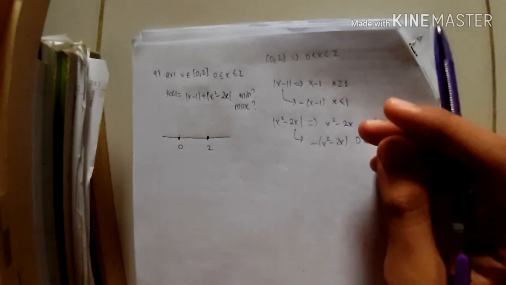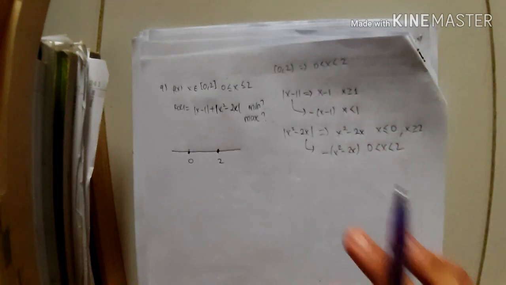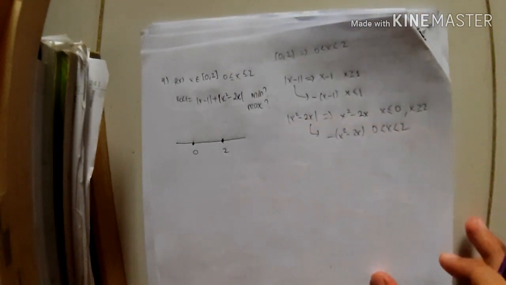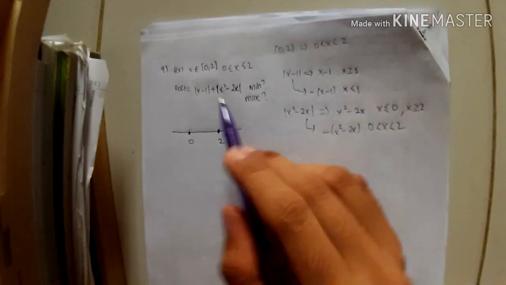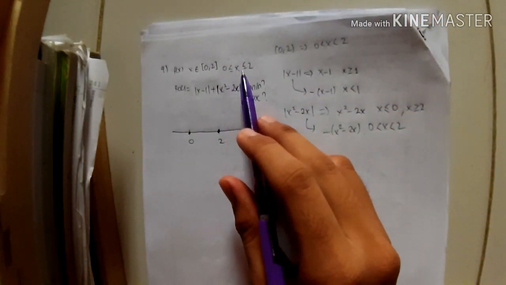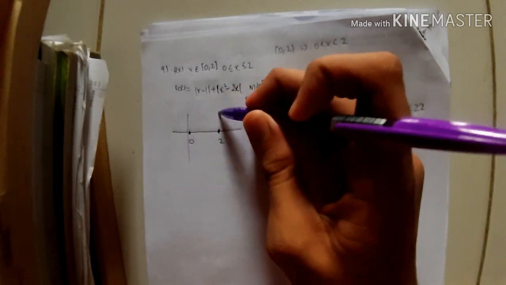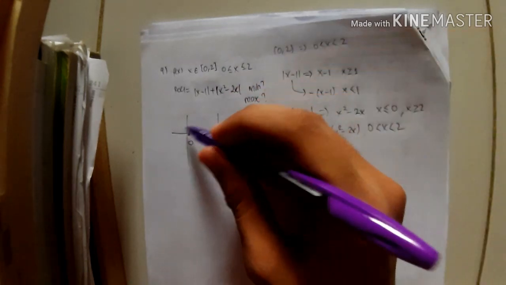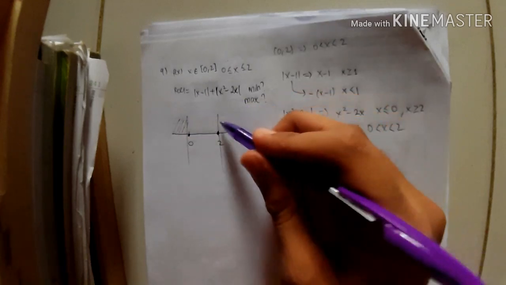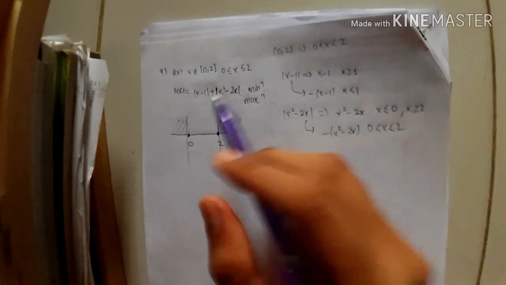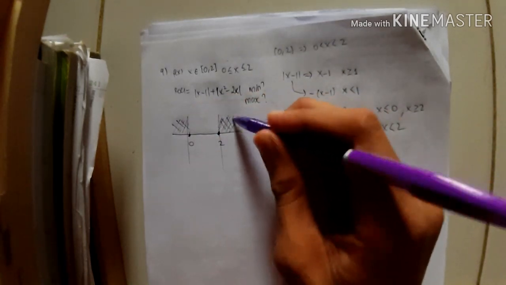Okay, so now how to actually utilize this type of equation. The domain has already been limited to 0 and 2. So any number less than 0 and any number greater than 2 is not used, right?